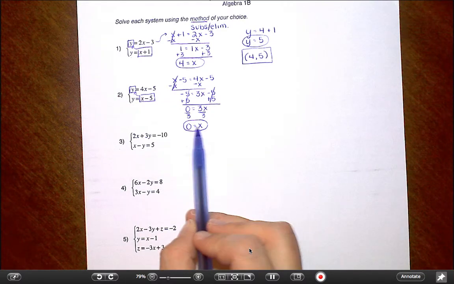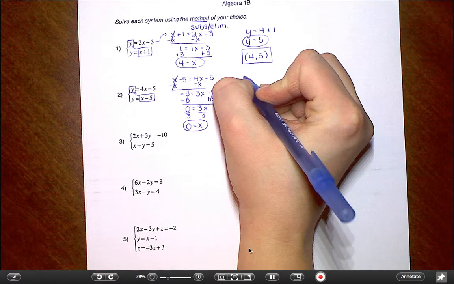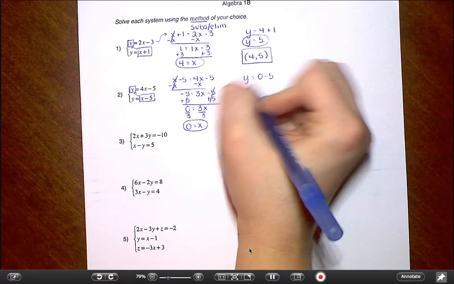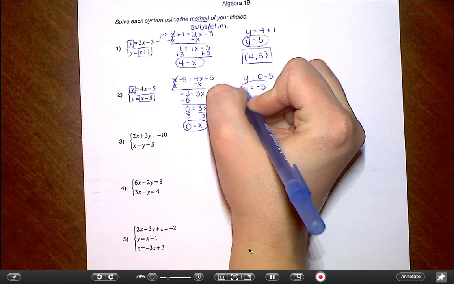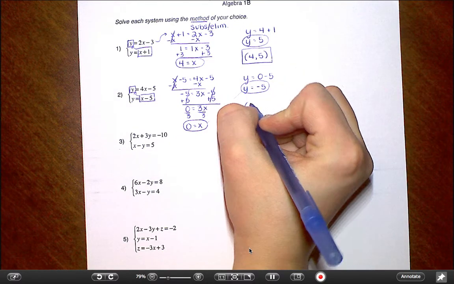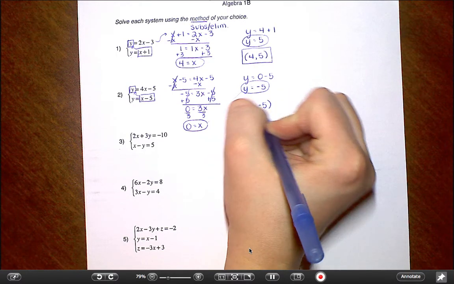Now I'm going to take that 0 and plug it into either one of my equations. If I did it right, it should work out the same in both. If I put it in that second one, I get y equals 0 minus 5, which means y equals negative 5. So I put those two together as a coordinate, and my final answer is (0, -5).